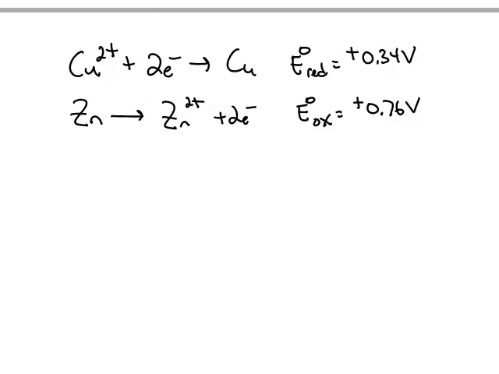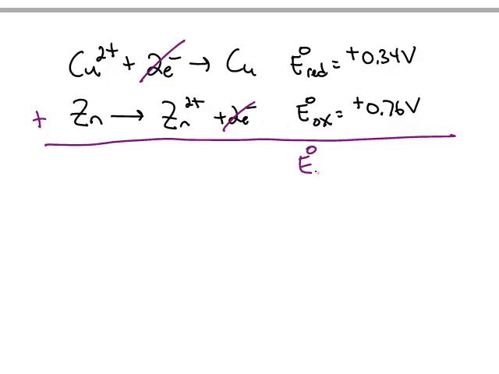So here I've rewritten the oxidation potential because I flipped the zinc half reaction around. Now I can add these two together. I make sure that the electrons lost and electrons gained are the same, so they're going to cancel.